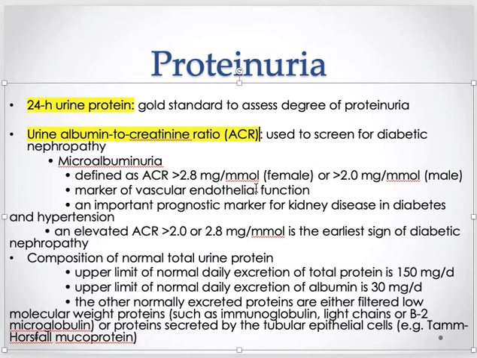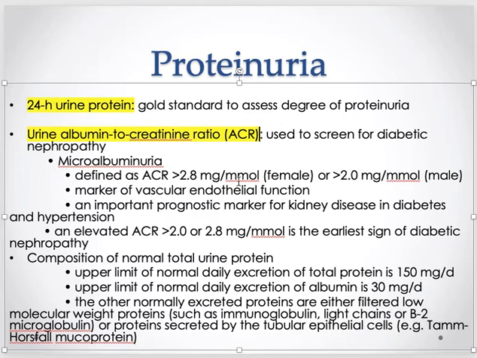Whenever there is proteinuria, the ACR levels will be raised. Microalbuminuria is defined as when albumin to creatinine ratio is more than 2.8 in females or more than 2.0 in males. Of course, because males have more muscle mass, or males have more creatinine.